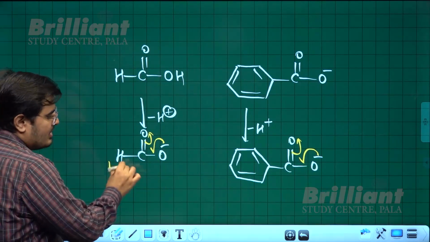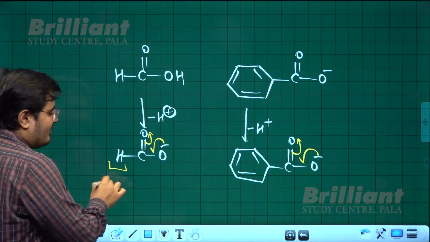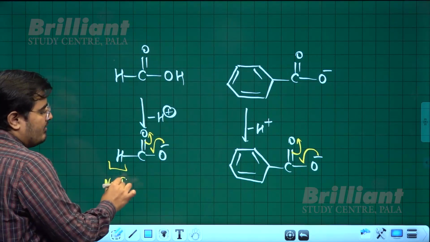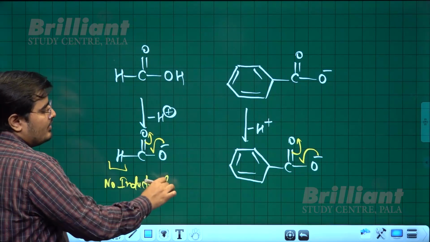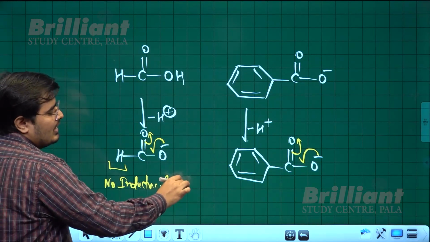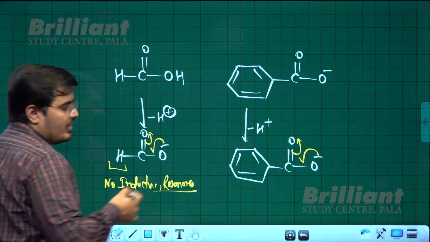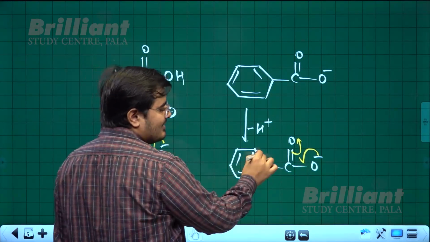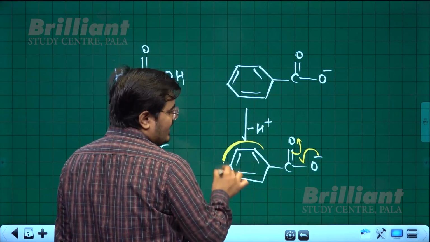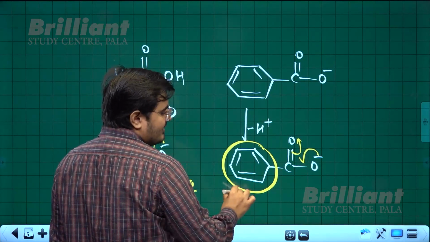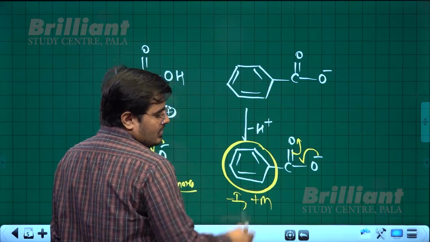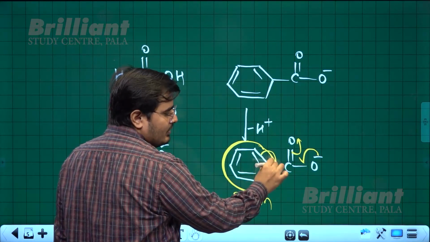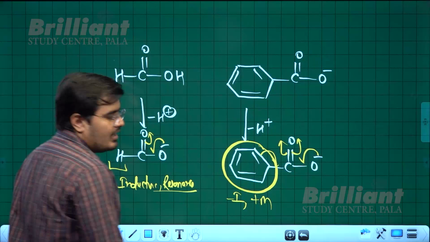Whereas hydrogen, if you talk about electronic effects, there is no inductive and there is no resonance. Hydrogen as such does not show any inductive effect. Whereas when you talk about a phenyl system, I know phenyl ring as such can apply minus I and it can apply plus M also, because these electrons can be donated to the carboxylate anion.